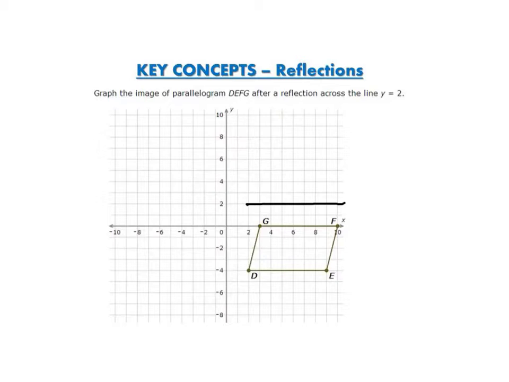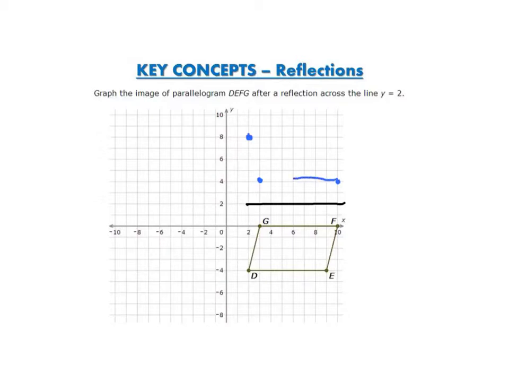So it is 2 points below. So I'm going to map it 2 points above. D is 1, 2, 3, 4, 5, 6 below. I've got to map it 6 above. 1, 2, 3, 4, 5, 6. F is 2 below. I have to map it 2 above.